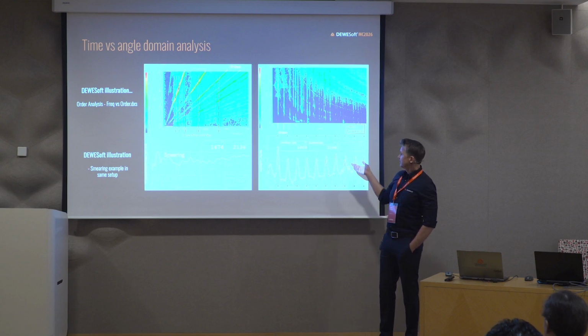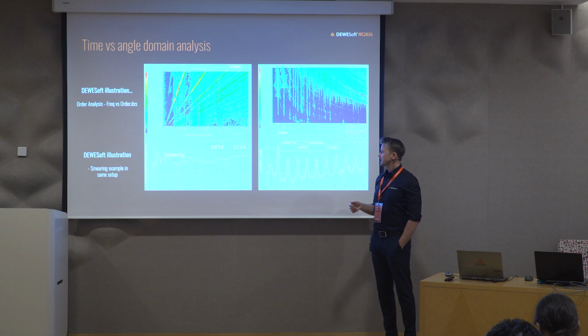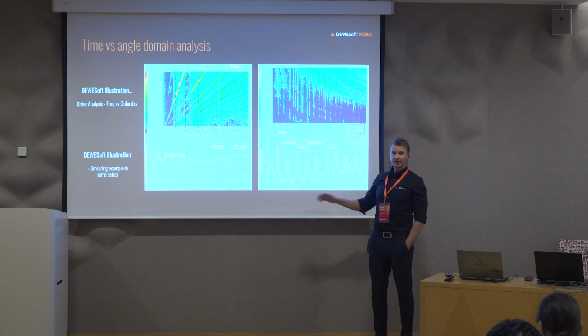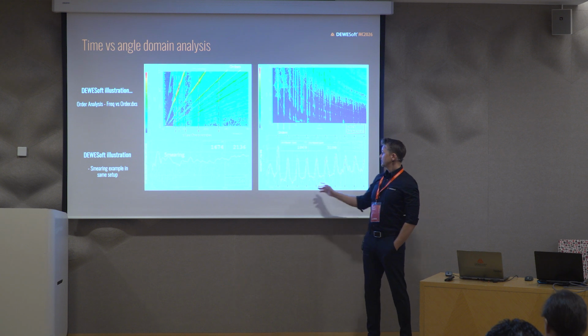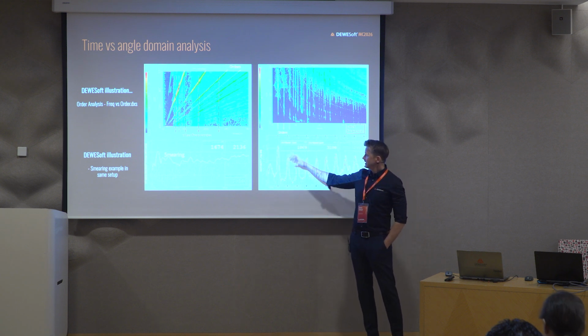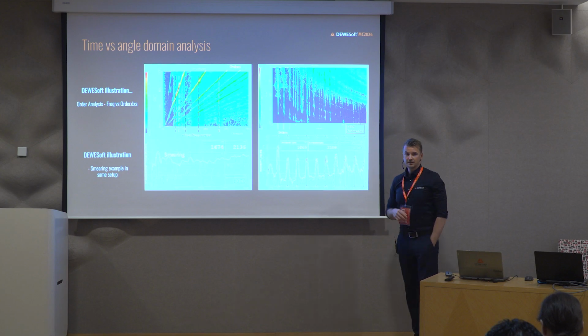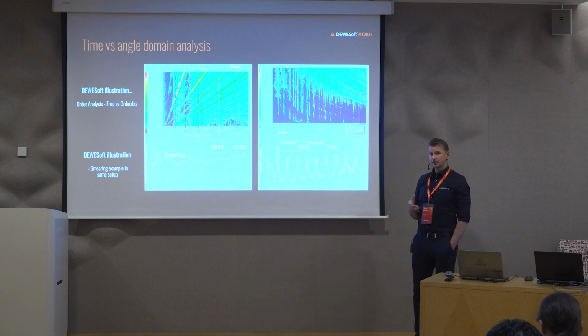But here in the order domain, when you do order tracking, the spectrum you get out will have an axis that are independent on the speed, and therefore, no matter the speed, you will just have the vibration levels for the individual orders or harmonics, and those are directly related to rotational components of your machine.